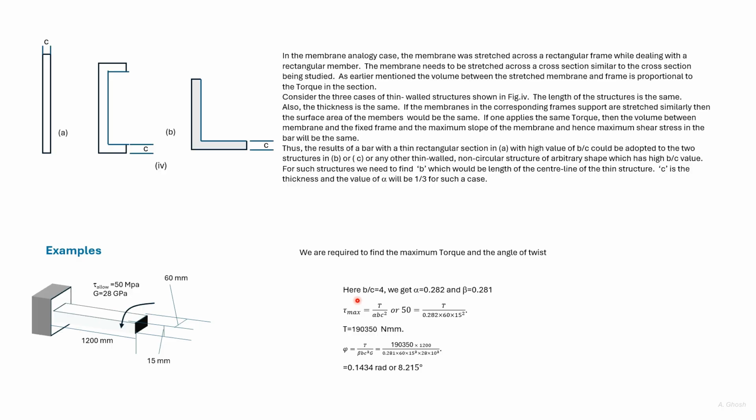So here, first of all, we find B divided by C, and using the tables, we can find alpha and beta. Since we know the maximum stress, we can find out the maximum torque that can be applied. Knowing the maximum torque, we can use the equation of phi to get the angle of twist.